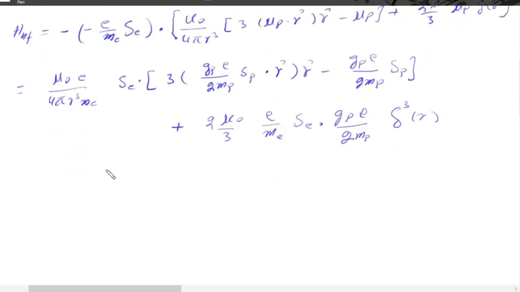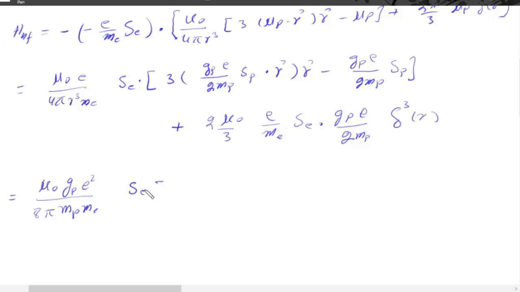Now we simplify this term. First of all we take the constants: mu_0 g_p e^2, divided by 8 pi m_p m_e, the mass of the proton and the mass of the electron, and then this is S_e.